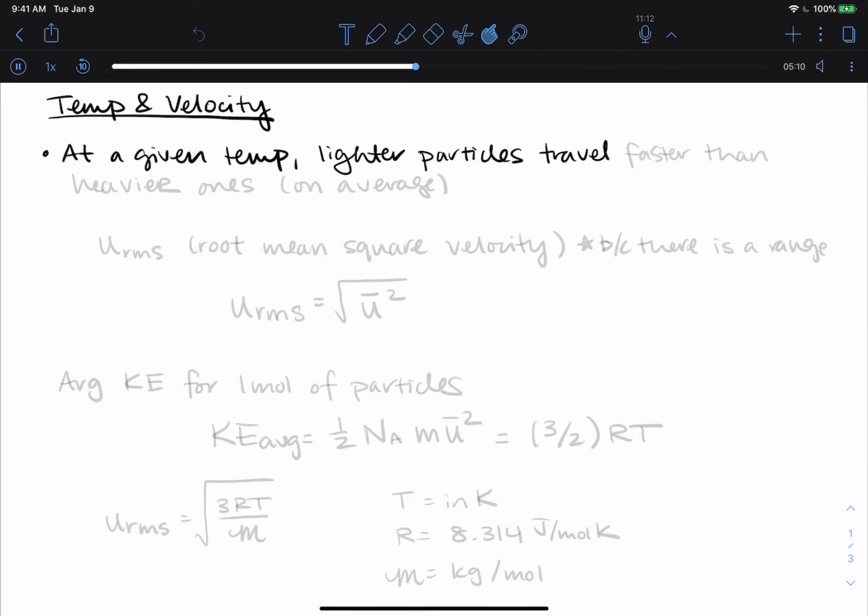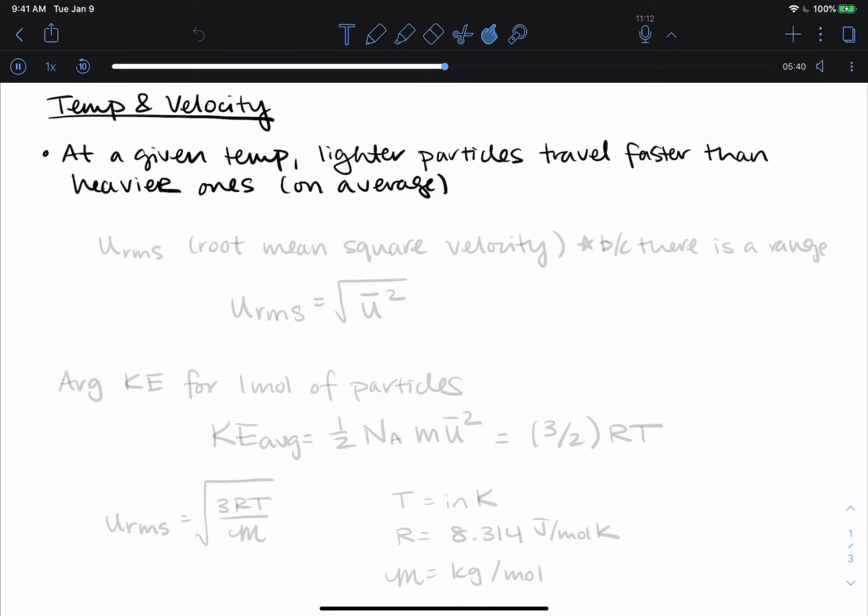And I'll draw a picture at the end of all of this that will hopefully illustrate this. And this is all an average, right? So let's specify that. Within a sample, you can have a range of velocities, but on average, you'll have a higher velocity for a lighter particle.